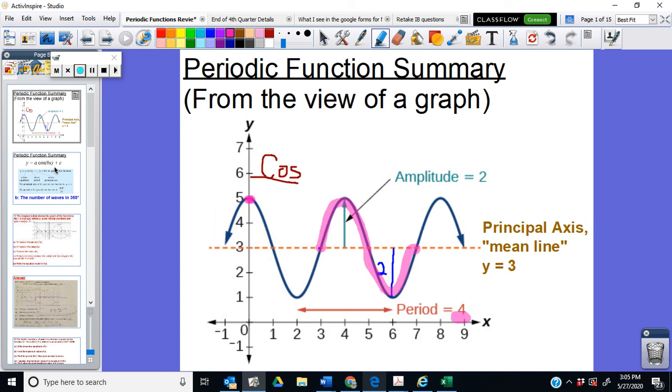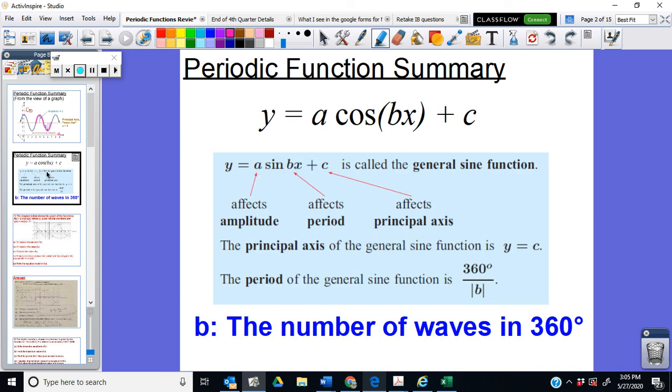When we look at the equation, we don't see the period in the equation. We see the amplitude. So let's get some highlighters out here. So here's your amplitude. That's that height from the principal axis to the maximum or the minimum. Then we also see, pun intended there, we see the principal axis.